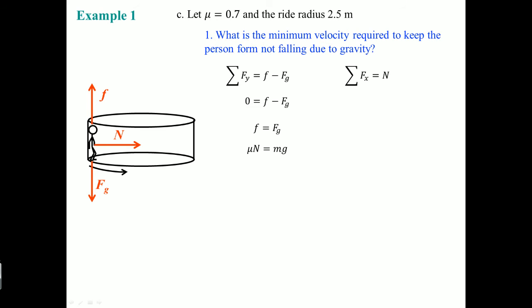Okay. Force of friction is mu n and Fg equals mg, right? We're on Earth. Okay. Force of gravity, mg. But you need to know what n is. We could get n from the summation of the F in the x direction. So make that substitution. mv squared over r equals the normal force. Now we plug it in.